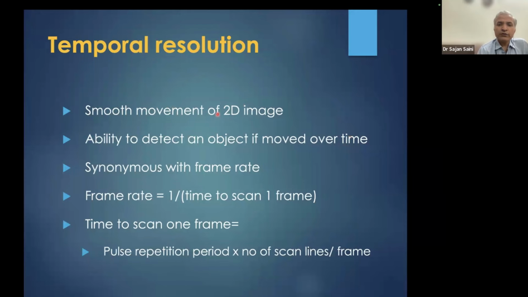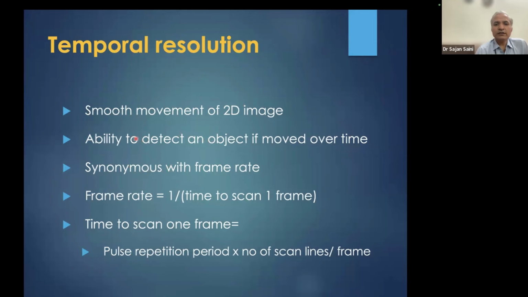If the temporal resolution is very good, then the movement of this particular object appears smooth. And if the temporal resolution is low, then we see a rough movement of the object.